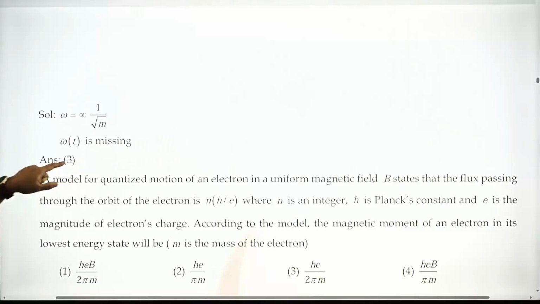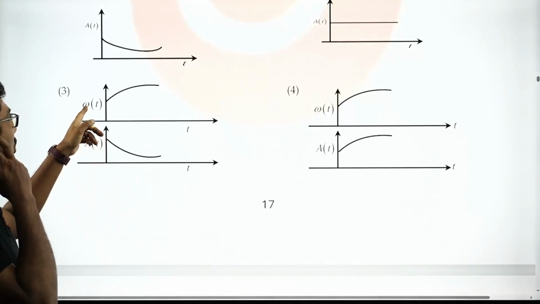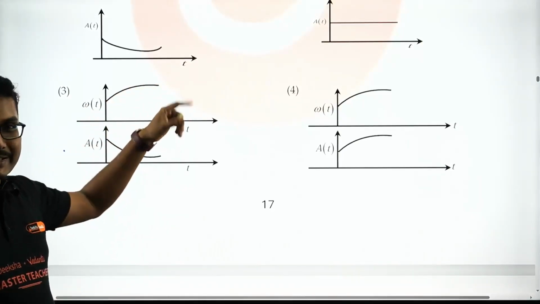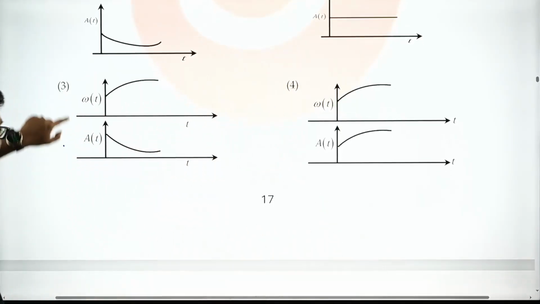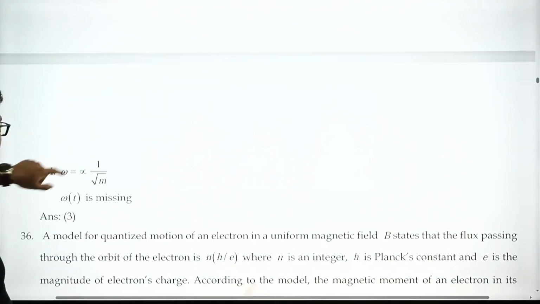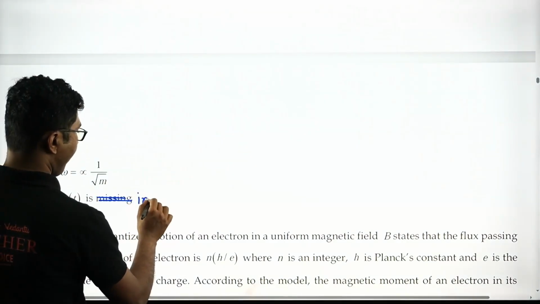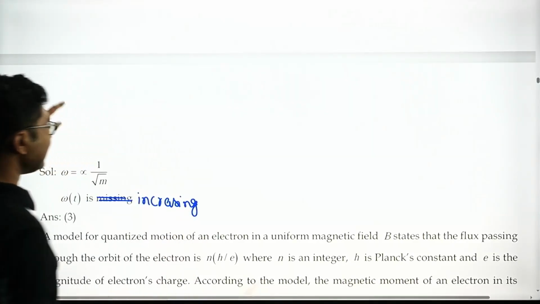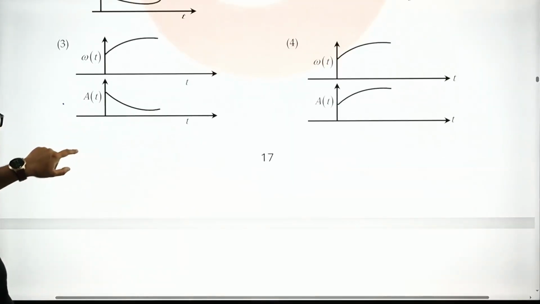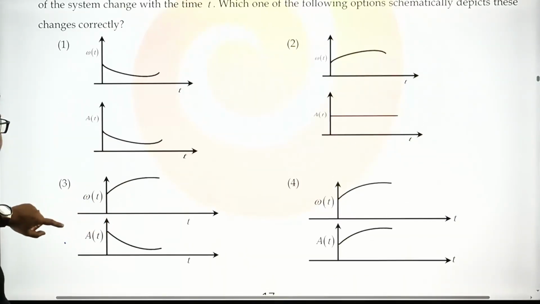As the mass is decreasing, omega increases. And as the mass is decreasing, the amplitude will also decrease. So amplitude will decrease, omega will increase. So the correct answer is option 3.